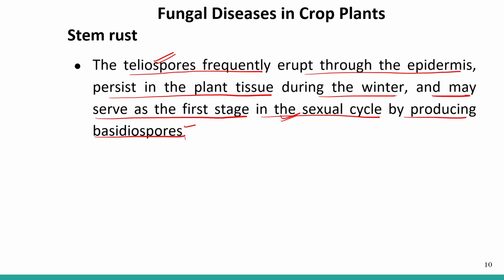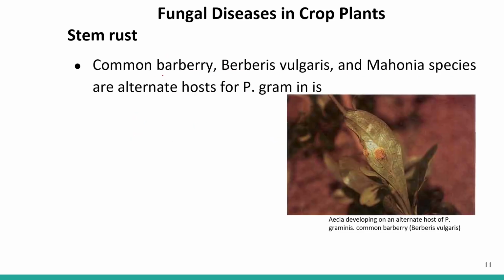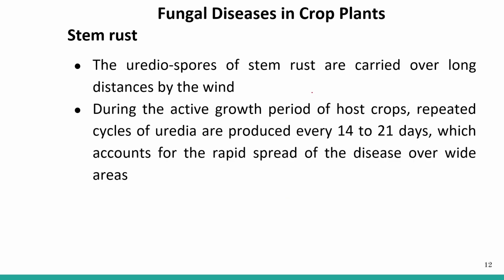Basidia give out basidiospores. So this is the third type of spores that occur in the cereal crops. First one is the urediospores, second one is the teliospores, and the third one is the basidiospores. The common barberry, Berberis vulgaris, and Mahonia species are alternate hosts of Puccinia graminis.